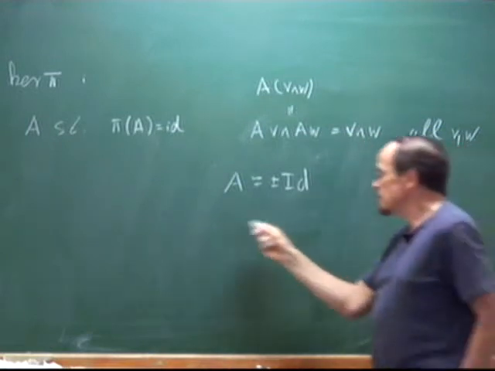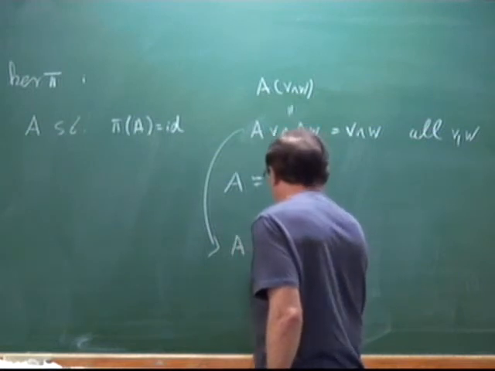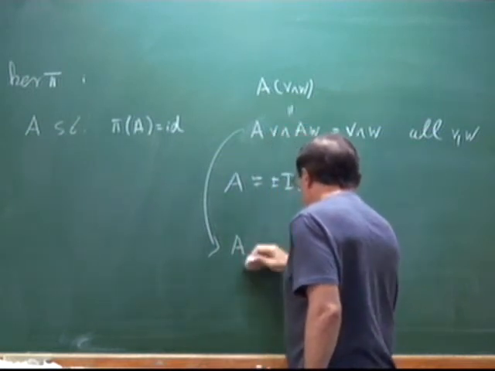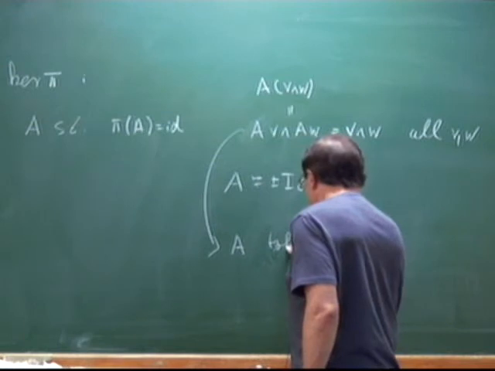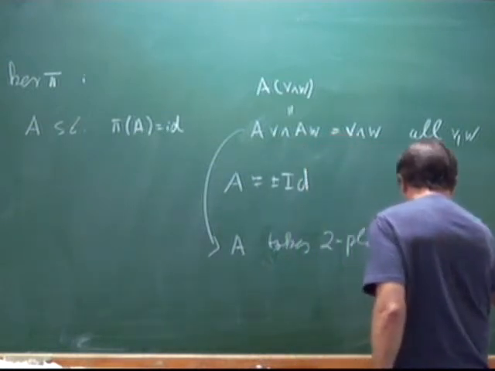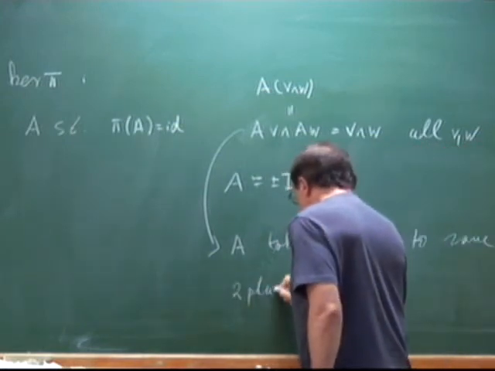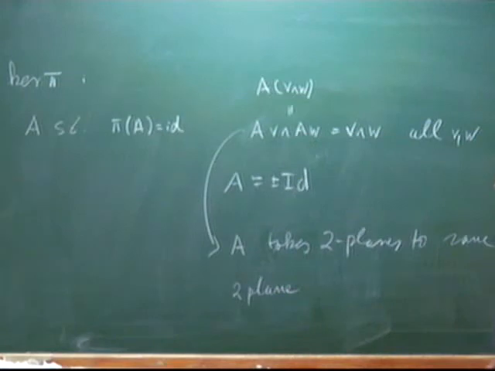So it's a linear map, so this implies that A takes two-planes to the same two-plane.